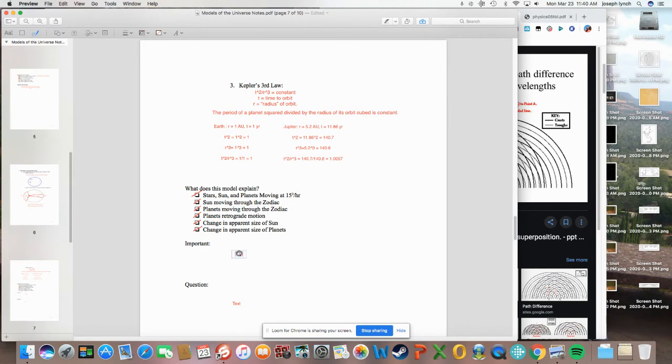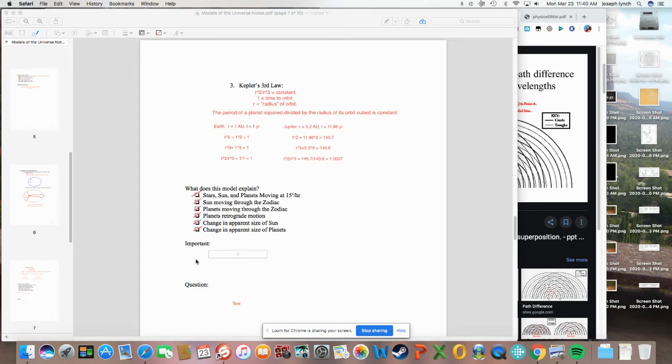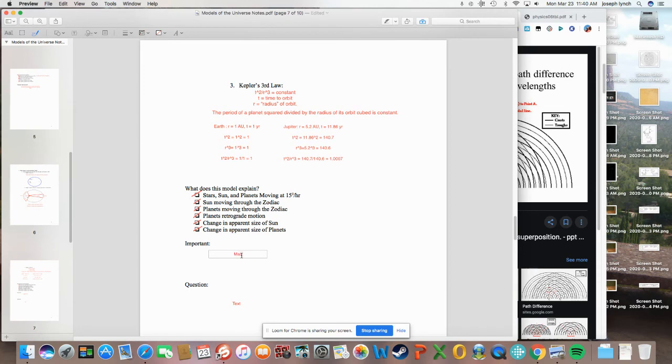So this was a great model for two reasons. It made specific mathematical predictions which could be tested, and they will always pass the test.